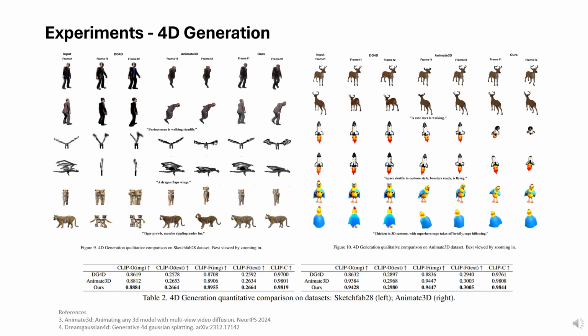We provide 4D generation quantitative and qualitative comparisons for the SketchFab28 dataset in Table 2 left and Figure 9, and for the Animate 3D dataset in Table 2 right and Figure 10. On Table 2 left, our Stage 2 model improves over the strongest baseline, Animate 3D, on clip-based semantic alignment metrics. On Table 2 right, it also yields gains on clip-based semantic alignment metrics.